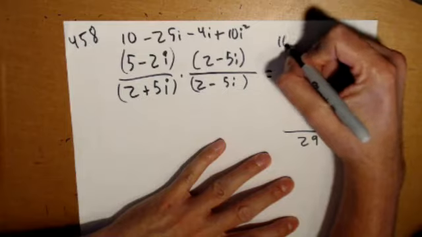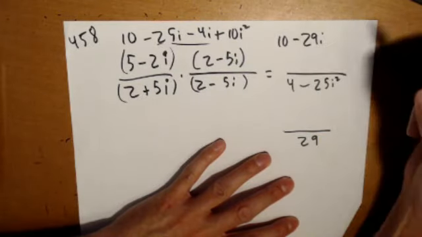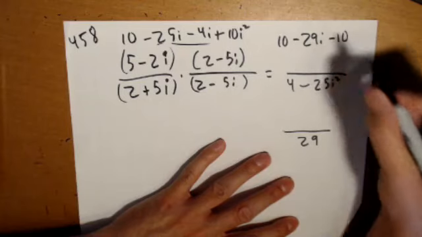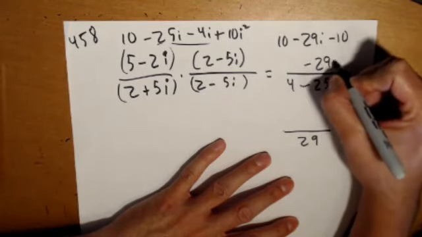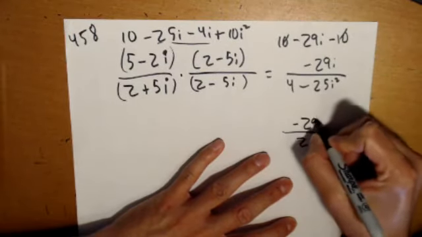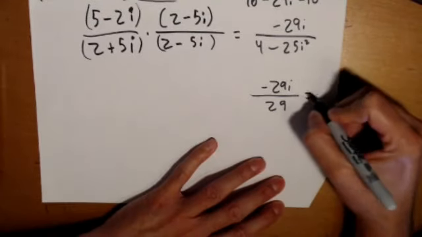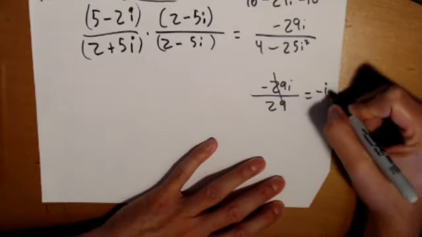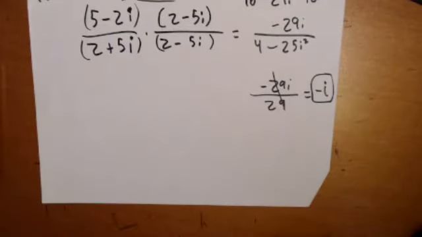So it's 10 minus 10, which is 0, and then minus 25i minus 4i, minus 29i. So the top is minus 29i. The 29's cancel, and so we just get minus i. Ta-da!